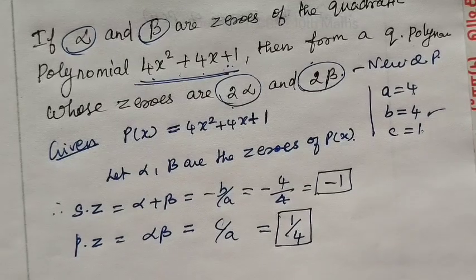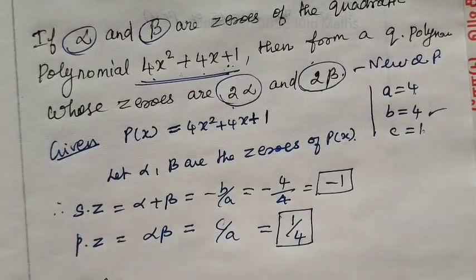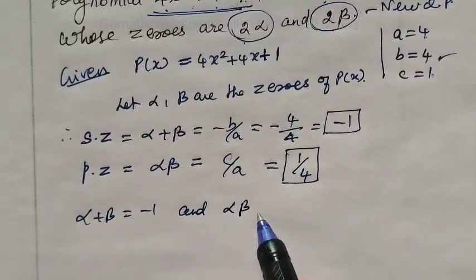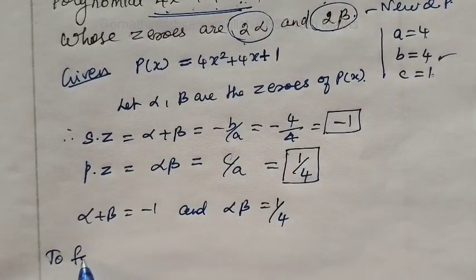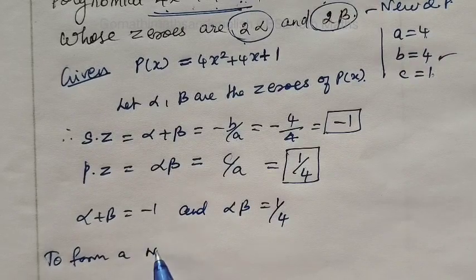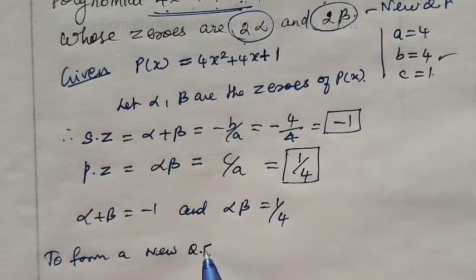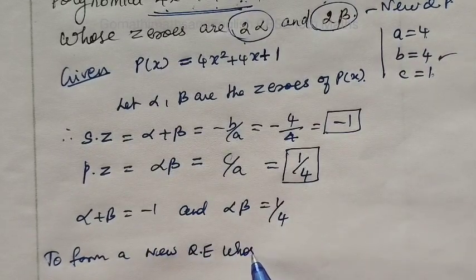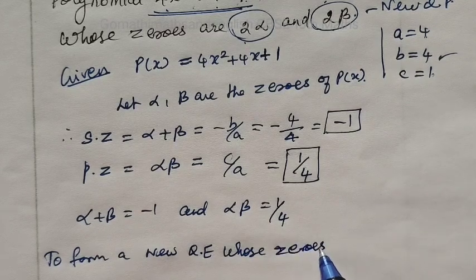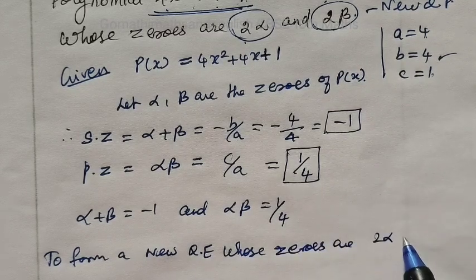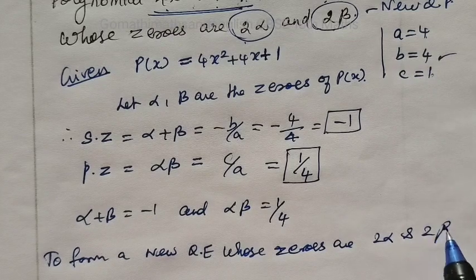So alpha plus beta is minus 1 and alpha beta is 1 by 4. So to form a new quadratic equation whose roots are, or whose zeros are 2 alpha and 2 beta.